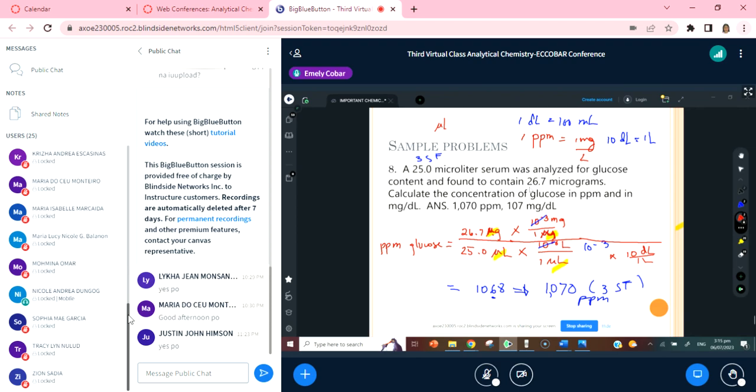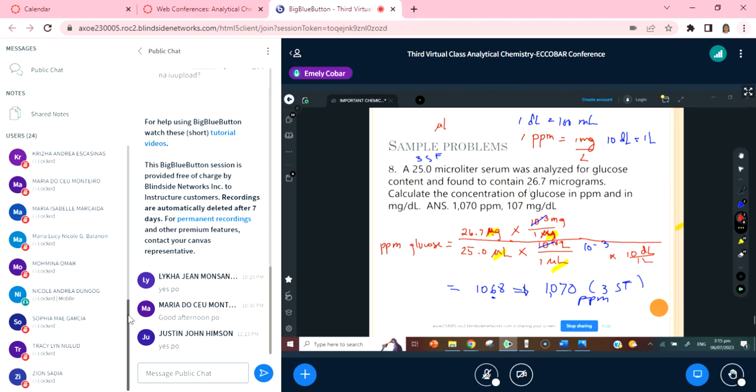In the denominator, you have 25 microliter. You convert this to liter. How do you convert this to liter? 1 microliter is equal to 10 to the negative 6 liter. You can put it either way, depending on what is convenient for you.